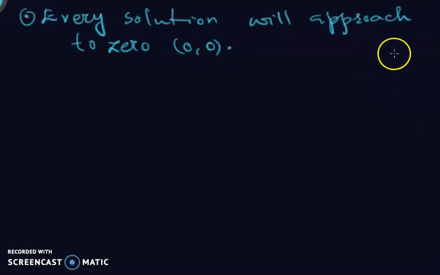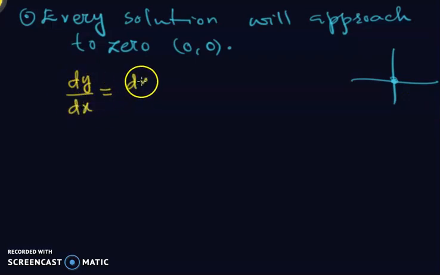The next question is: how will the trajectories approach this origin on the phase portrait? We can do this in multiple ways. One way is to calculate the slope of the curves, dy by dx, which is dy by dt divided by dx by dt.